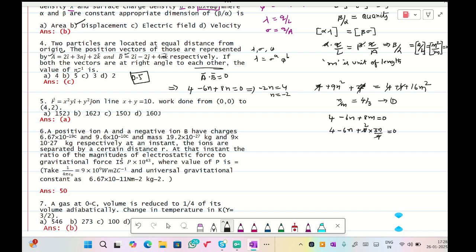Therefore here 4 is equal to 0. This is also wrong, so I think this question is wrong. Equal magnitudes give n by m equal to 4 by 3, correct only, with 16m square and the 4s cancelling. So something in the question is wrong. Waste of time. Now the fifth one.